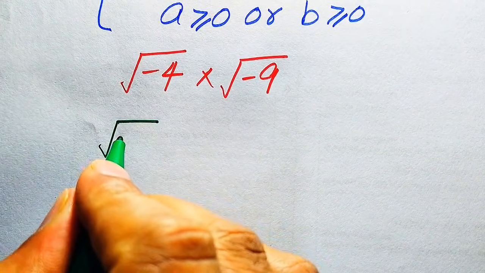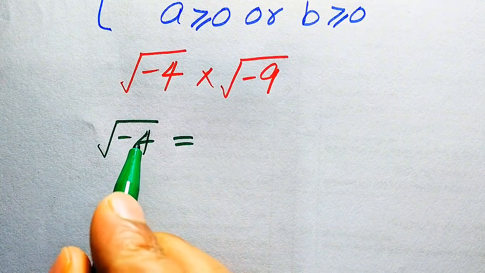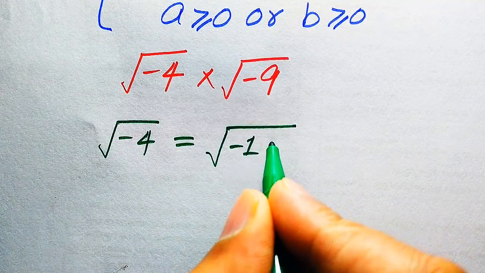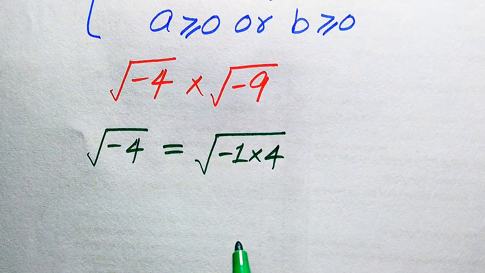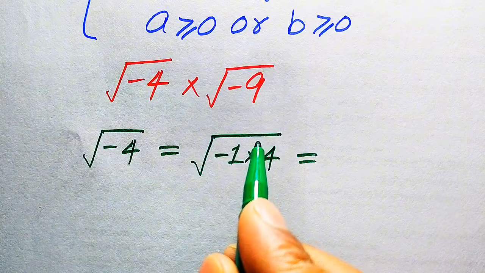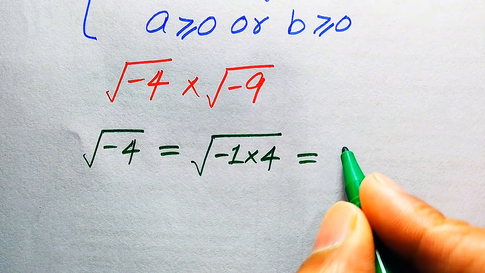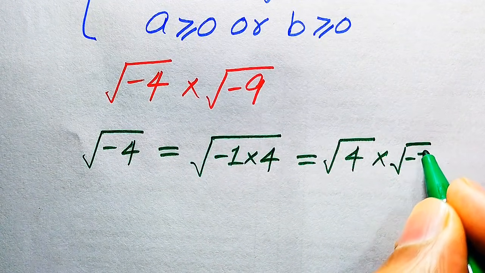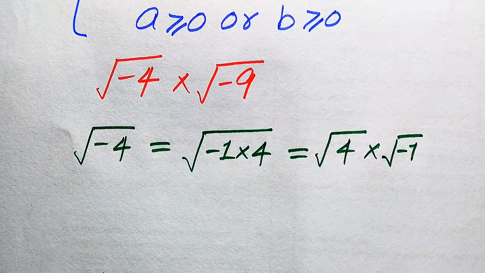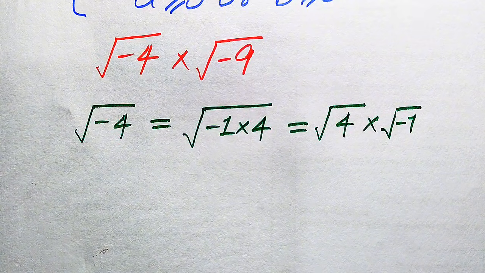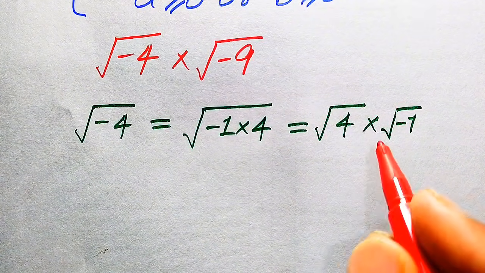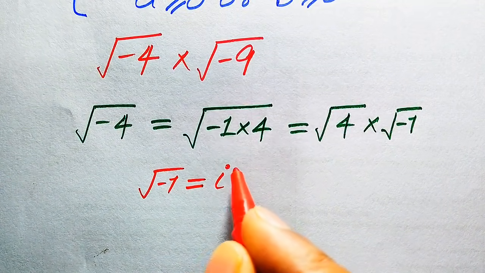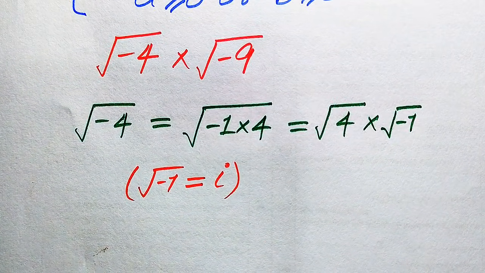We rewrite this expression as square root of minus 1 multiplied by 4, and in the next step we apply the square root separately on both of these values, and it becomes square root of 4 multiplied by square root of minus 1. And here we use the imaginary unit. If you have square root of minus 1, it is equal to iota. This is called the imaginary unit.